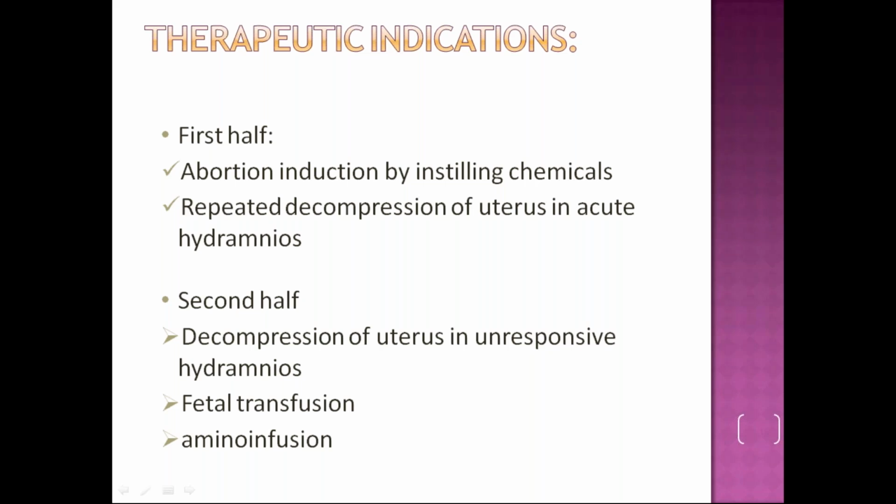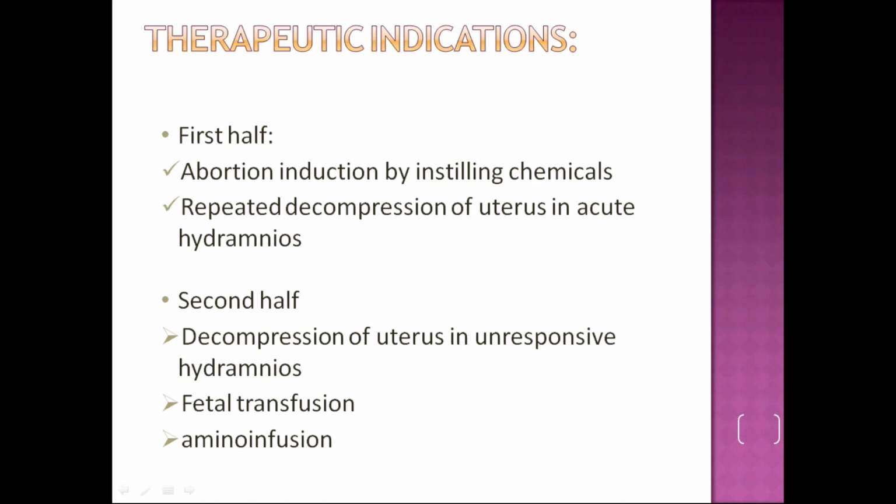These are the second half of pregnancy procedures: hydramnios, fetal transfusion, amnio infusion. In amnio infusion you are giving normal saline into the uterine cavity where there is severe oligohydramnios.